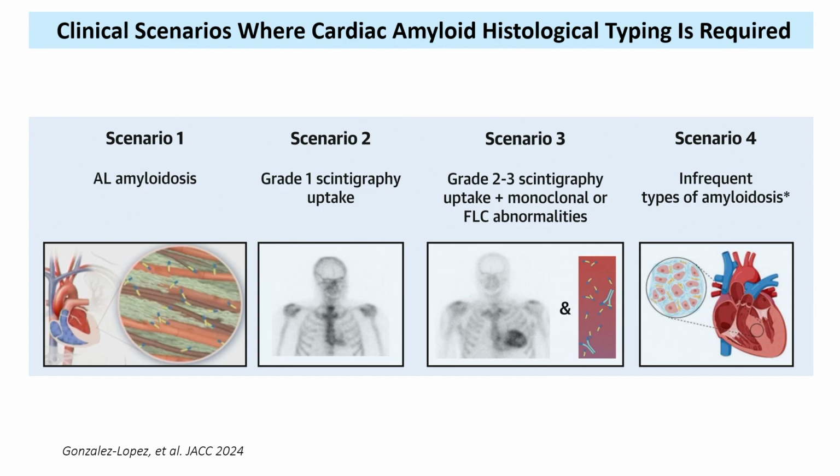So in all patients with ATTR and probably a monoclonal protein, so 30% of patients with ATTR, we need a biopsy-proven approach. And lastly, obviously, in all patients in whom we suspect another type of amyloidosis, a rarer form, we must not forget the presence of other types of amyloidosis.